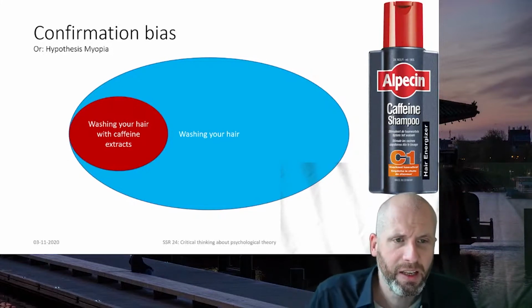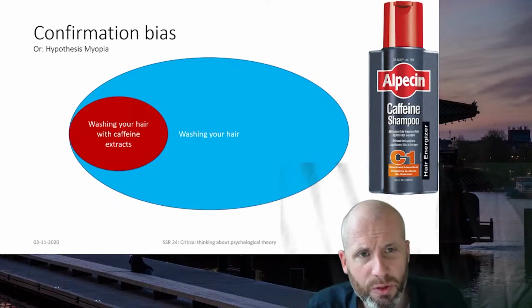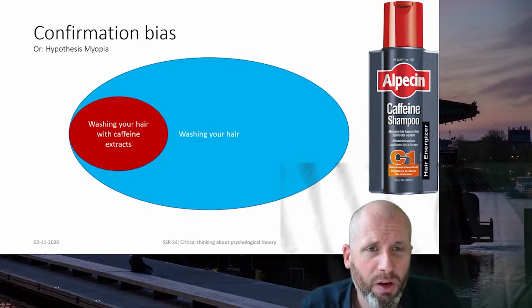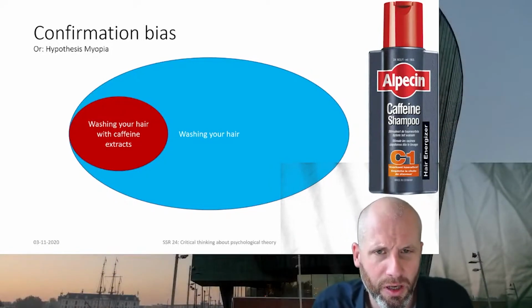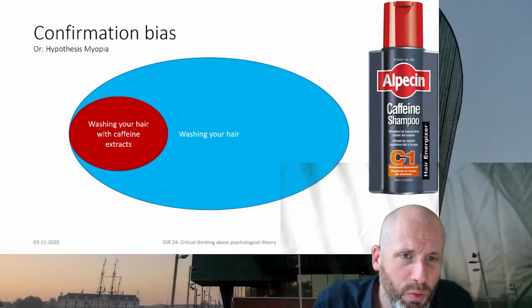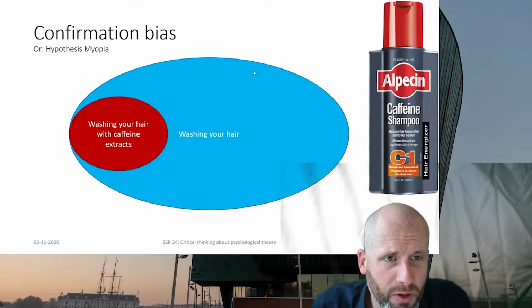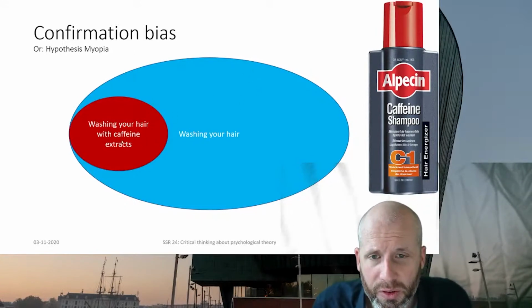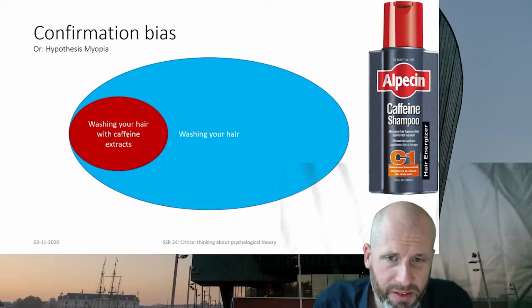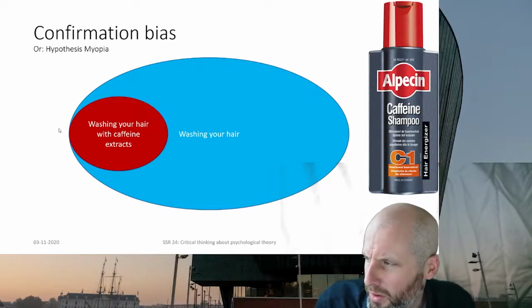Does that mean that indeed the caffeine has stimulated the roots of your hair in the appropriate way? Or is it just a general effect that washing your hair has on how your hair looks? Right? Both would be confirmed by these research results. And we shouldn't jump to the more specific conclusion that it has to do with the caffeine extract if it could also be explained with a more general explanation of just washing your hair.